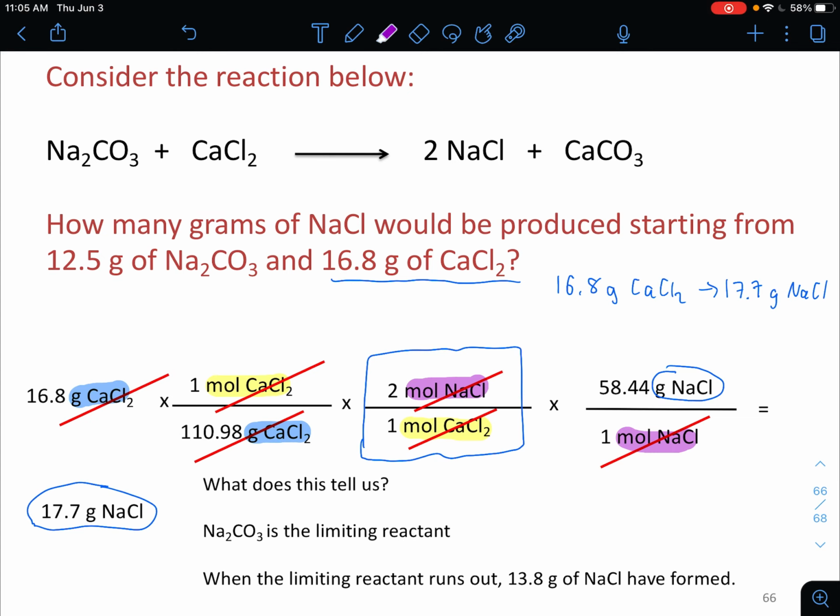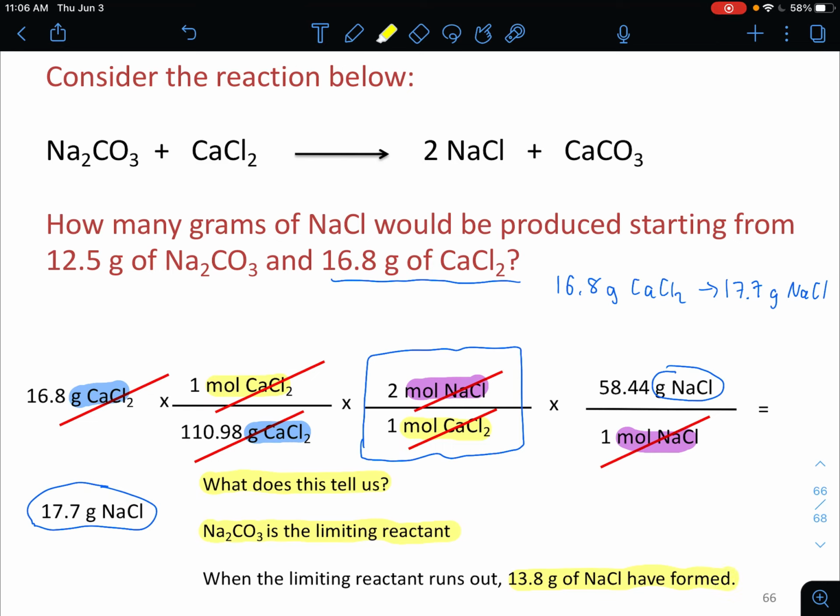So I kind of went through this down below here. What does this tell us? Well, since we got a smaller number from the theoretical yield calculation for sodium carbonate, it must be the limiting reactant. And when it runs out, we end up with 13.8 grams of sodium chloride.